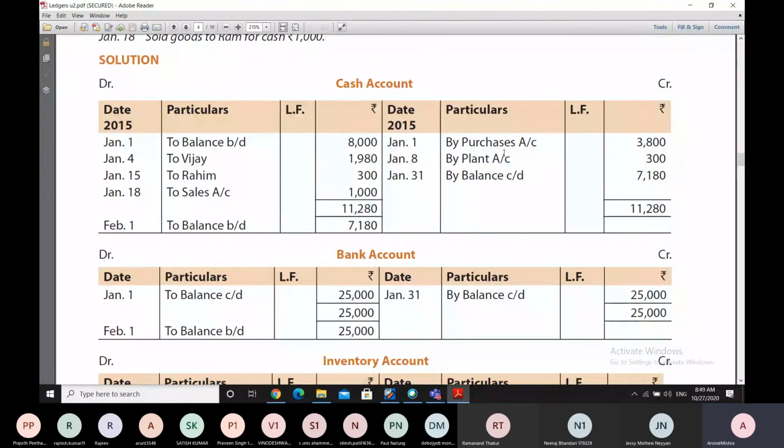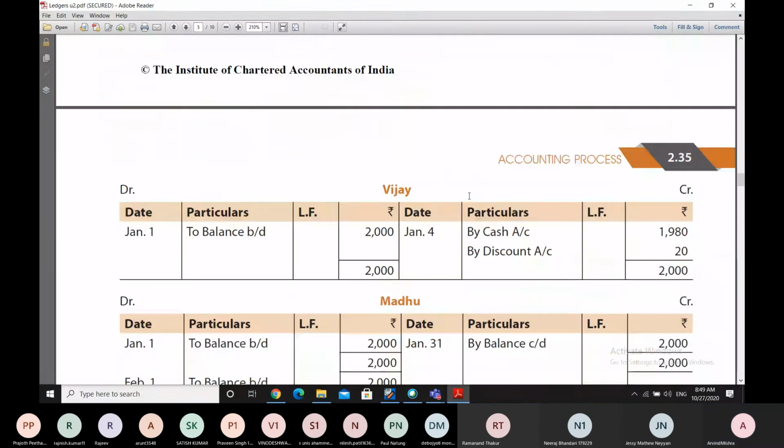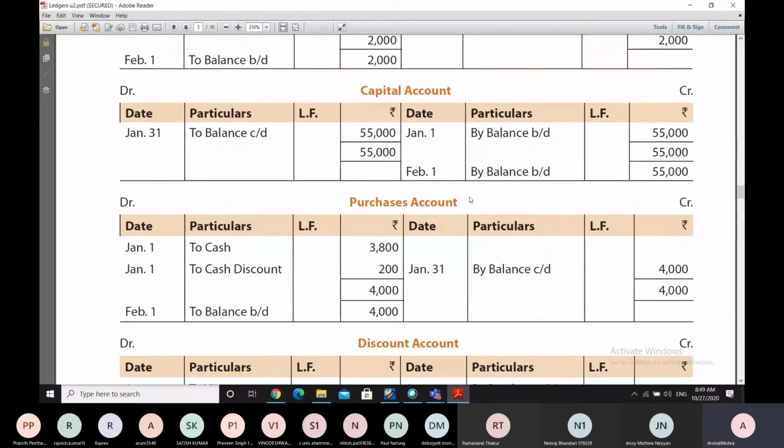So let's say we look at the purchase account, we'll find that on January 1 in the purchase account, as you can see here, on January 1 there is an entry of 3,800 rupees, and the purchase account is debited, and it is also indicated here that the cash account is credited, as we have already credited the cash account.